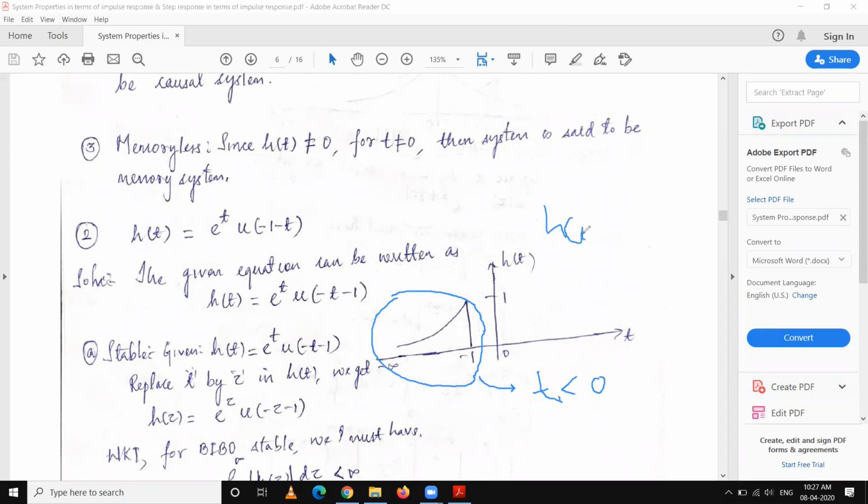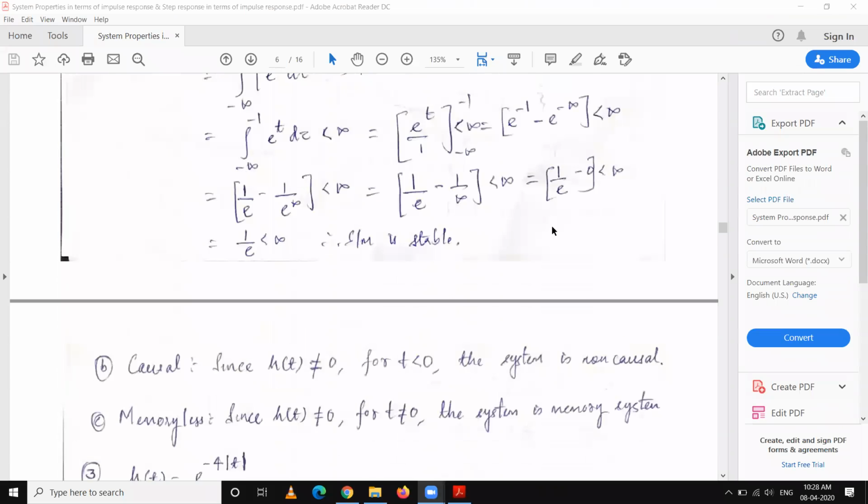The h of t should be equal to 0 for t less than 0, but that is not the case here. Here h of t is not equal to 0, because the signal is present for negative t. That's why we can say that the system is a non-causal system.